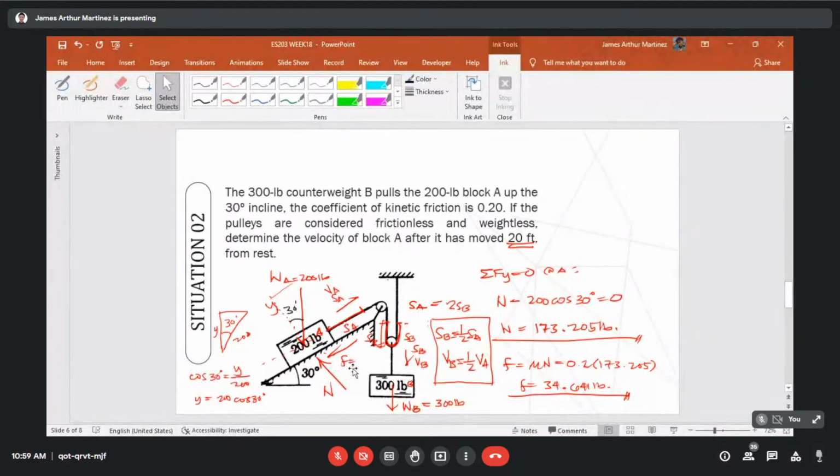We have the frictional resistance force as well as the x component of the 200-pound force. Since the direction of the x component of the 200-pound force is to the left, it is opposite to the positive sign convention, since the motion is to the right along the x-axis.